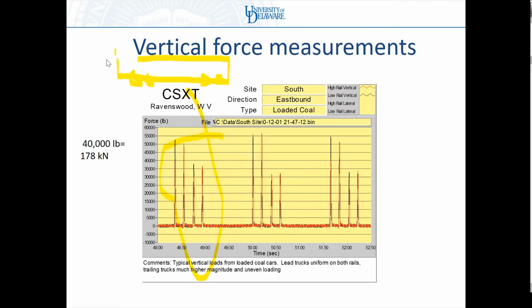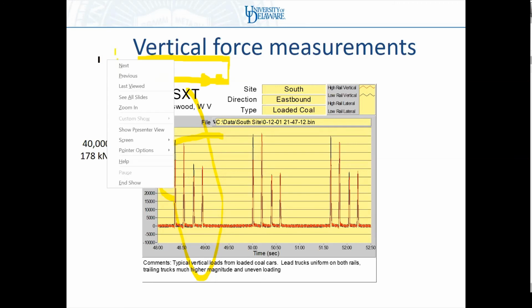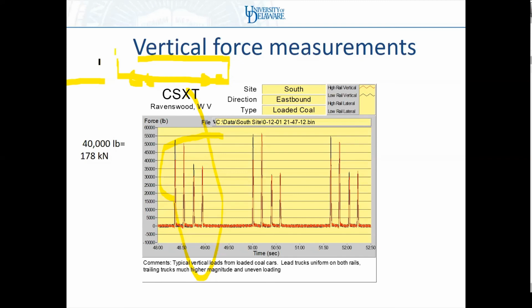On the other hand, I have another vehicle over here that has a bogie over here that's much closer. So in fact, my vehicle would be that and that. And these are typical measurements that we see of vertical wheel rail forces.